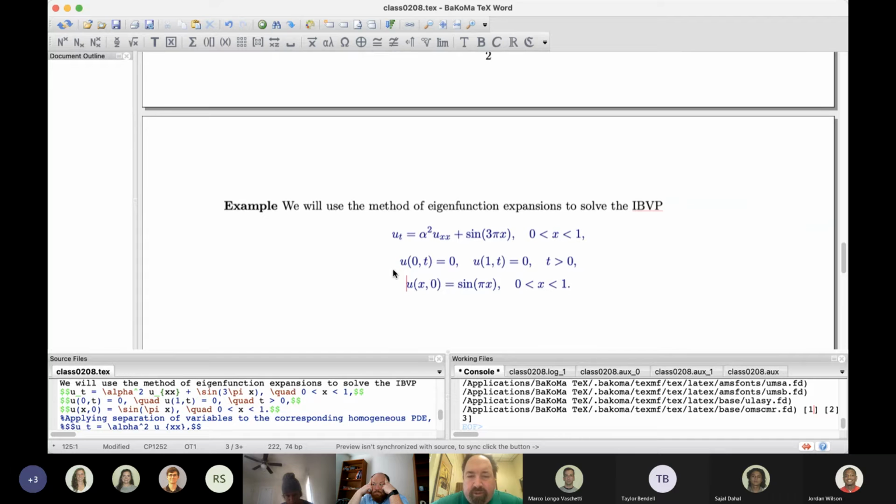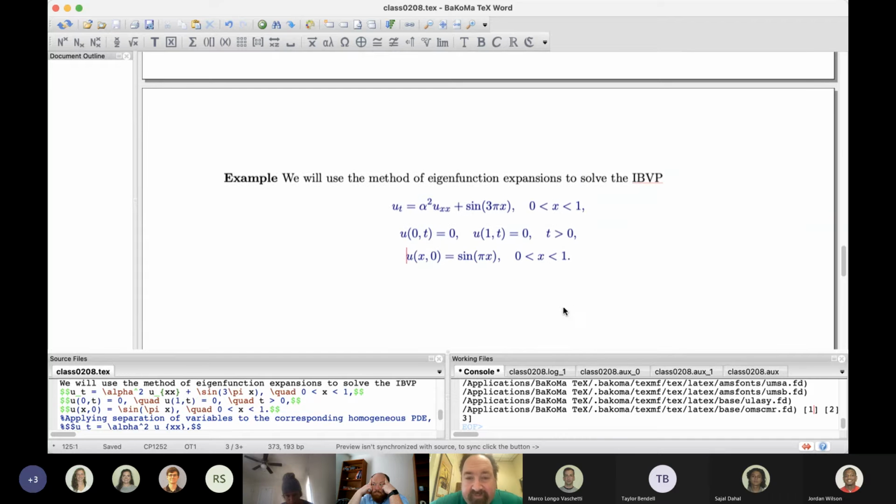This is the kind of problem that's more typical of what you see in a homework or a test. So here's our non-homogeneous PDE that has this non-homogeneous term, or this is our f of x,t. Homogeneous boundary conditions. And then here's the initial data.